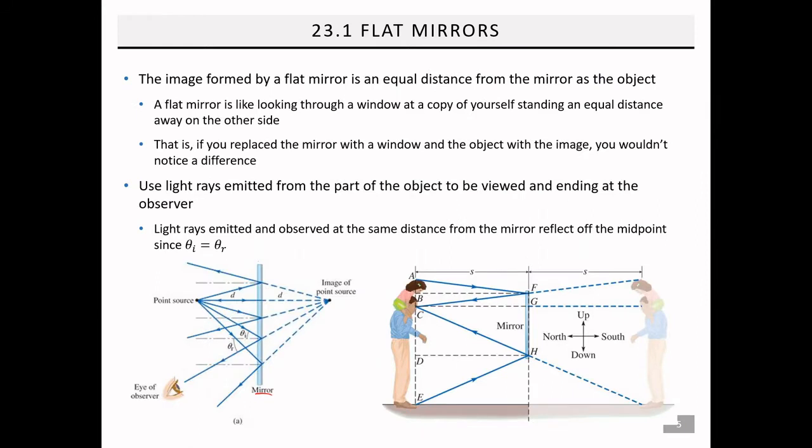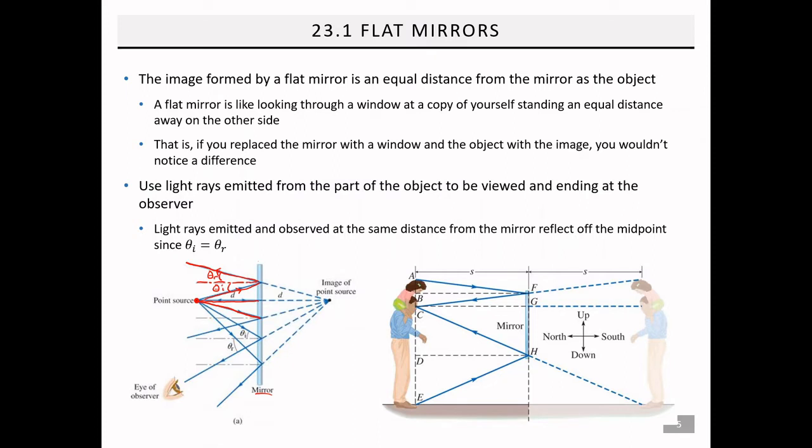Let's analyze this flat mirror a little bit closer in the lower left. You have a point source that's emitting light in all directions. So first of all, let's look at that light. This ray that's going into the upper right, it travels toward the mirror, it reflects off the mirror, and we know that for a flat mirror, the angle of incidence has to equal the angle of reflection.